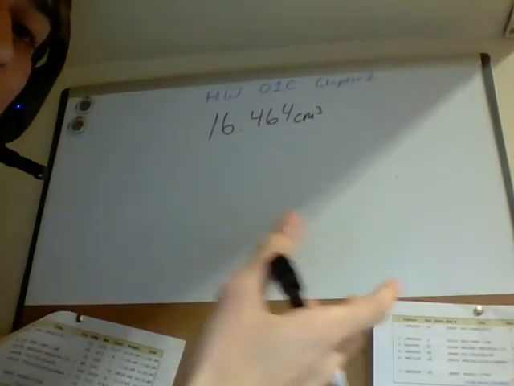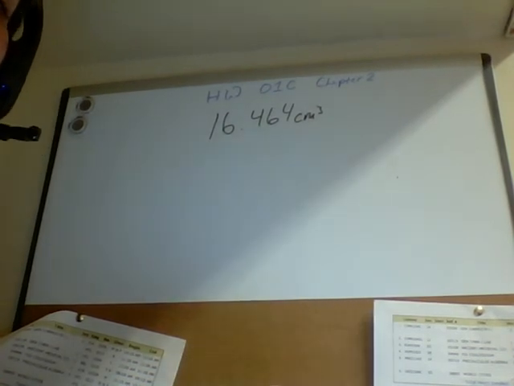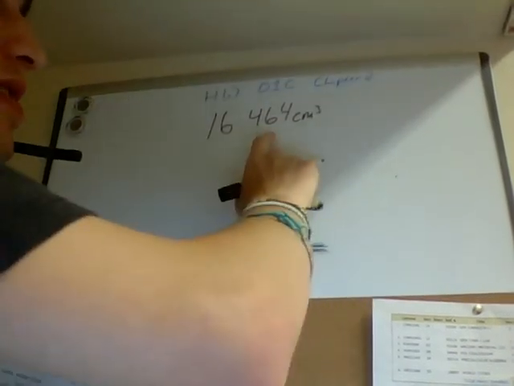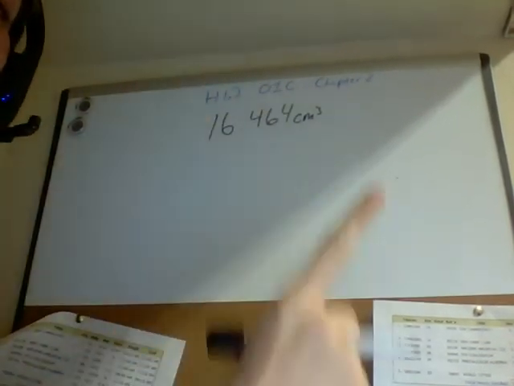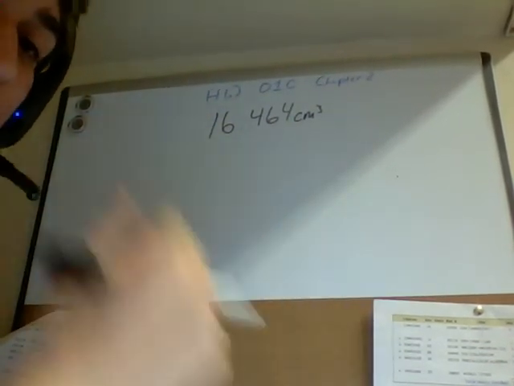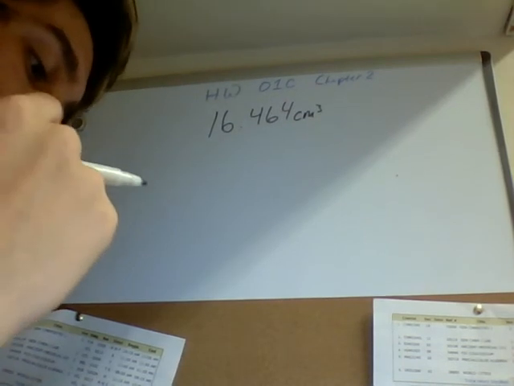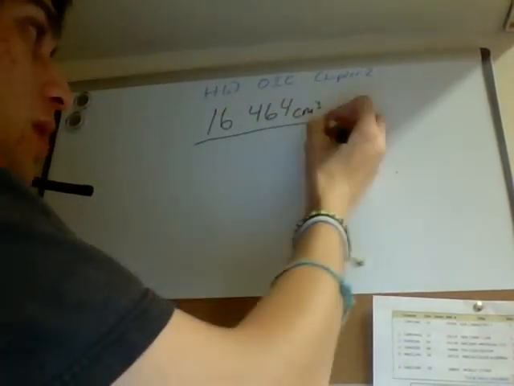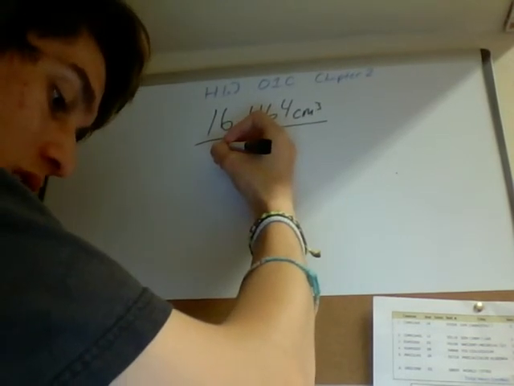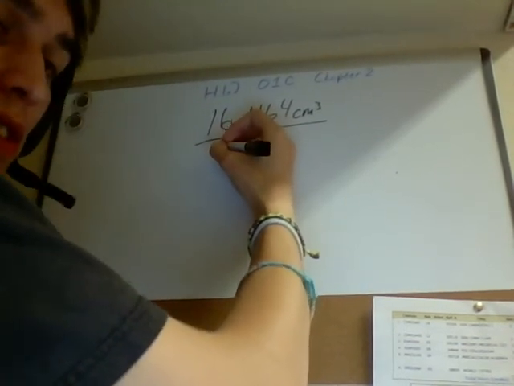Now you calculated in the first part the number of atoms. So you want to get how much space is occupied per one atom, because that's what the question is concentrating on. So you're going to divide it by the total number of atoms, which is the answer for the first part.